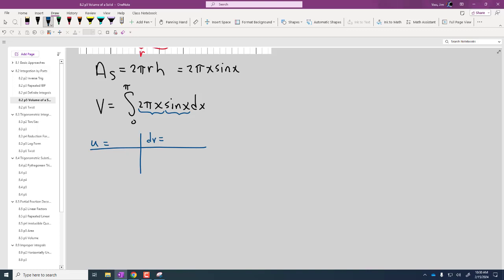Integrating sine x is also easy, but it's more complex than integrating x. So we want to integrate the more complex one. So we're going to put sine of x over here. We're going to put 2 pi x over here. When we differentiate 2 pi x, we just get 2 pi dx. And when we integrate over here, we get minus cosine.